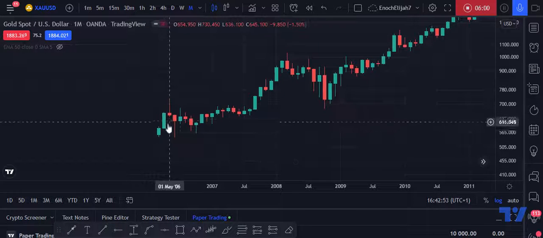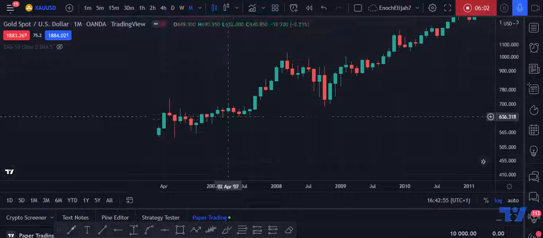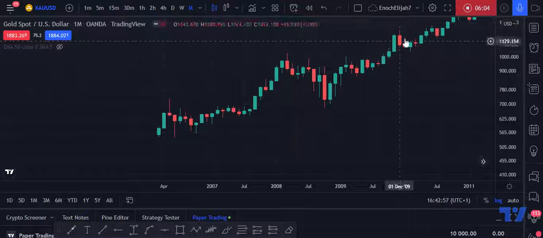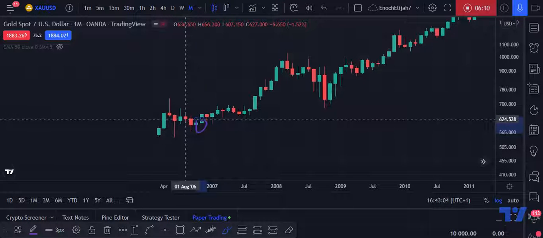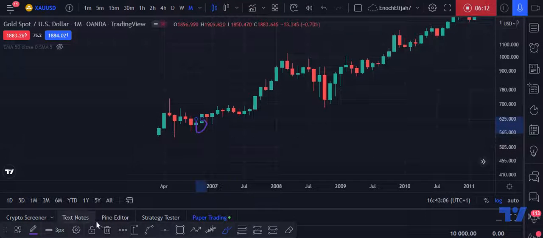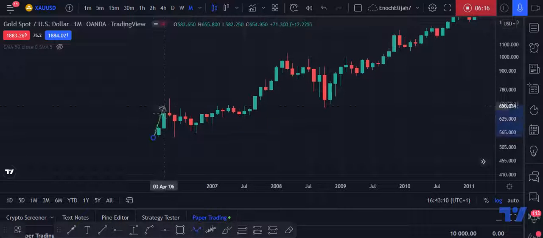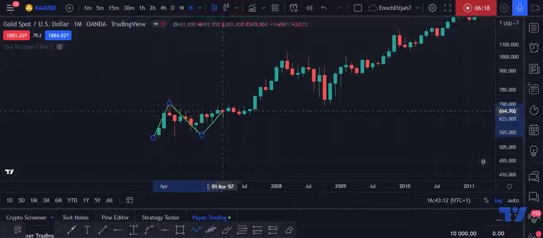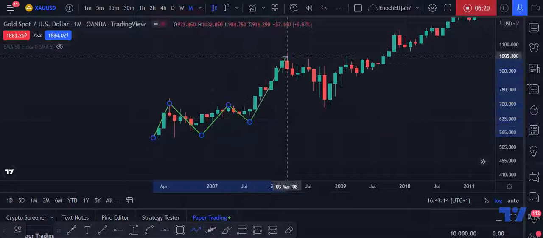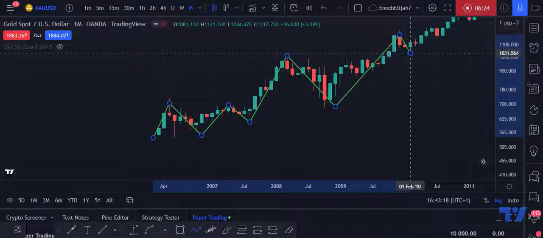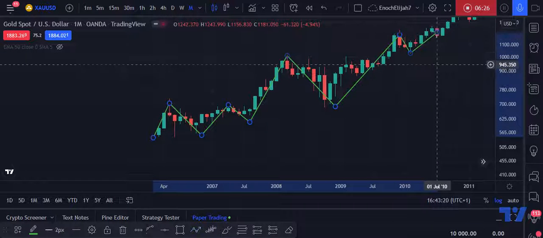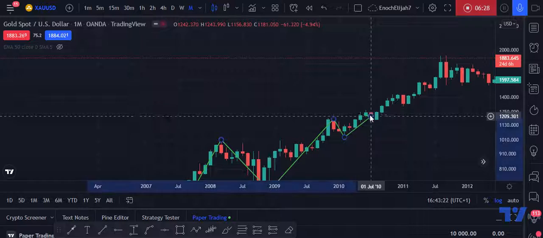So gold began to move up in an uptrend, but as it begins to move up, you can see some pullbacks. There's a pullback right here. You can see that it moves like this, pulls back a little bit, continues again, pulls back, continues, pulls back.